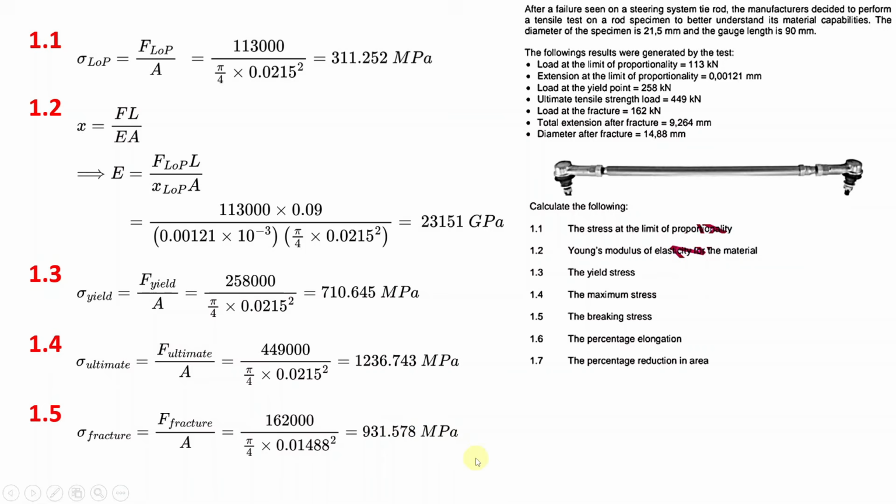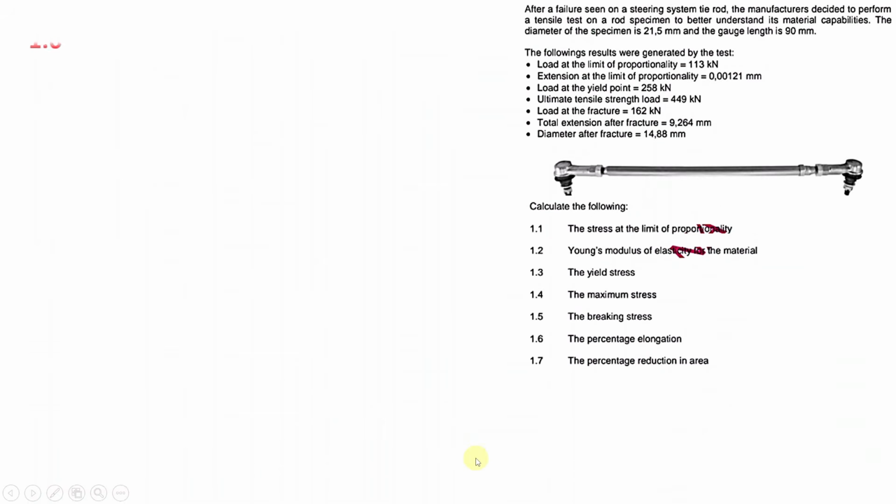For question 1.6, what we have to find is the percentage elongation. The percentage elongation is just given by this equation: X over L multiplied by 100. That is the percentage elongation.